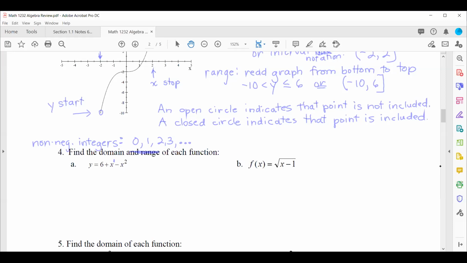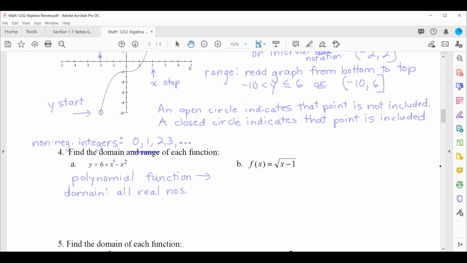All those are positive integers except for 0, so that's why we say it's non-negative. 0 is non-negative. Because all of those exponents are non-negative integers, I would classify this as a polynomial function. And a polynomial function will always have for its domain the set of all real numbers.